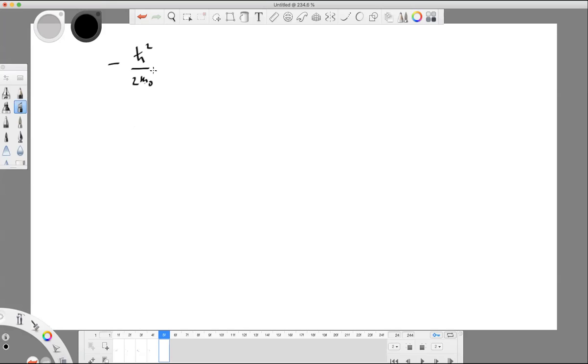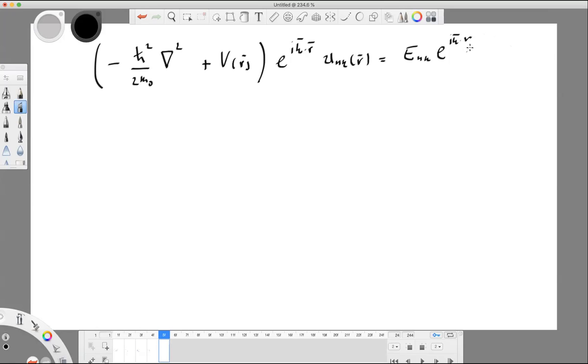Here we have the bare mass, nabla squared, plus the potential, and we apply this to e to the ik dot r, u n k. This depends on r; I put the dependence once at least. And on the other side, again, e to the ik dot r, u n k.